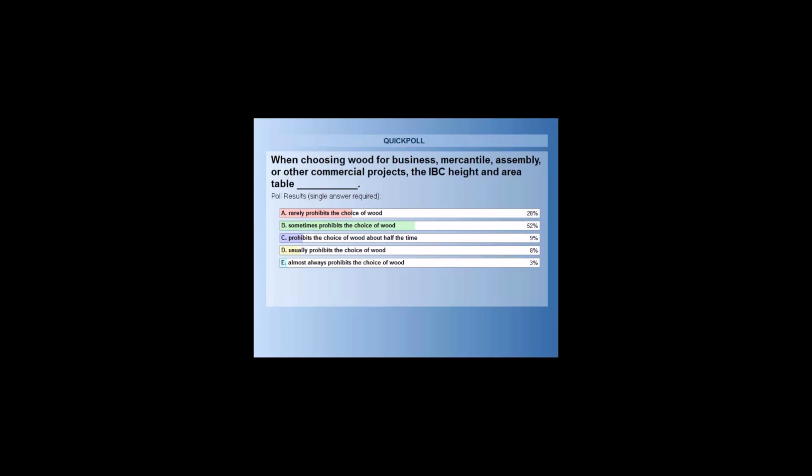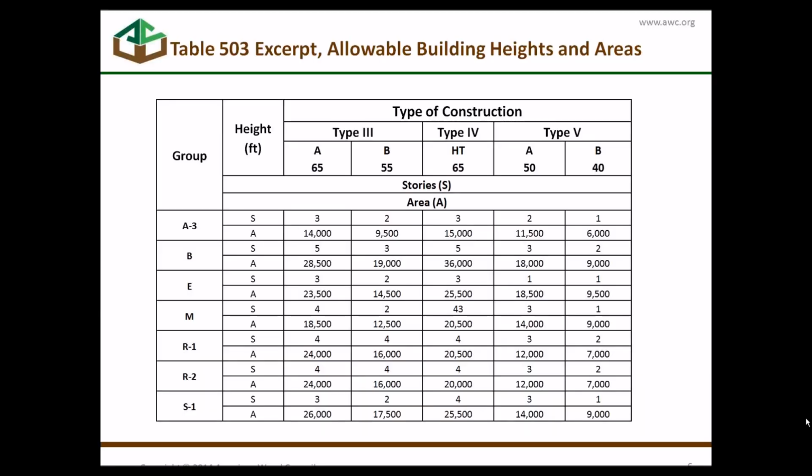This has served us well. This is what the IBC still has, and this is what the IBC will have in the 2015 code, although in a little bit different form. So that's where we will begin with the IBC, of course, on the topic of the height and area table itself.